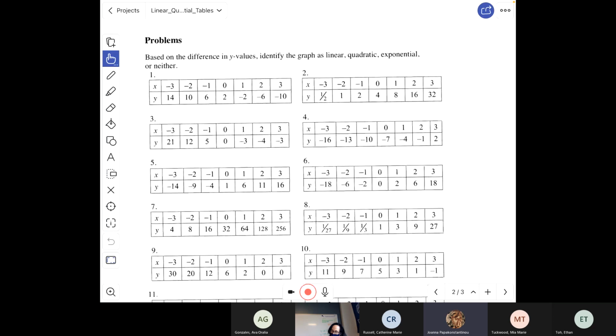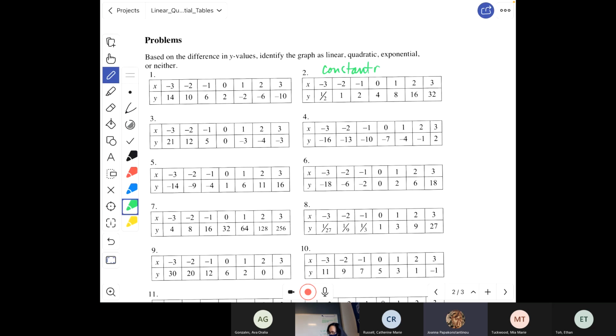What should we recognize if it is an exponential function? A constant ratio, right? If it's exponential, which this one is, there's a constant ratio. So 32 divided by 16, 16 divided by 8, 8 divided by 4, 4 divided by 2.